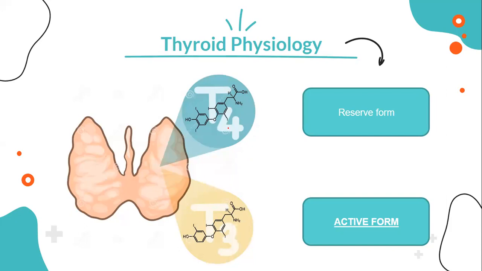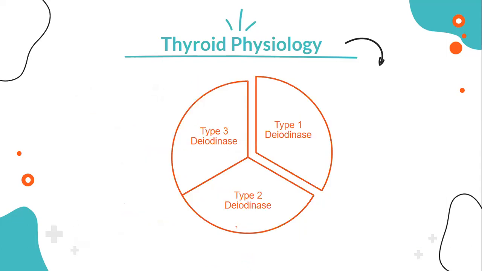That is why for every 20 molecules of T4, there's only one T3. So there are a lot more T4 molecules than T3 molecules.